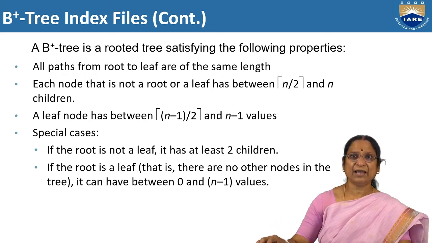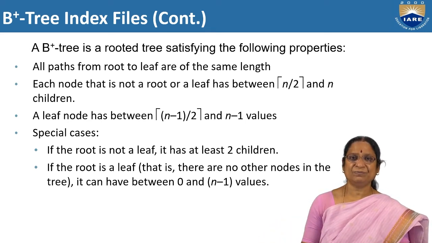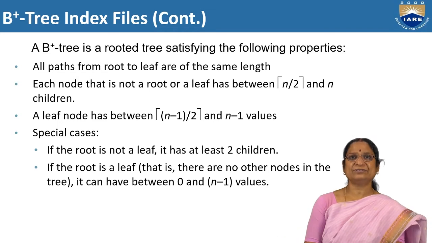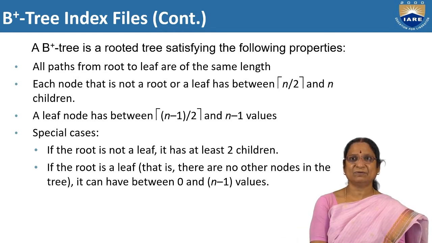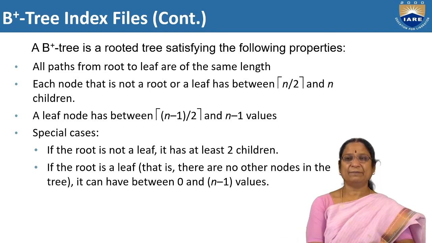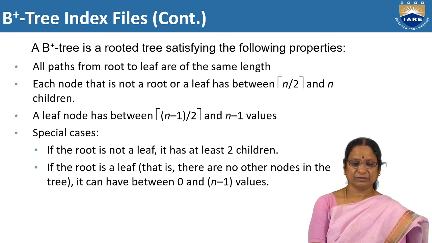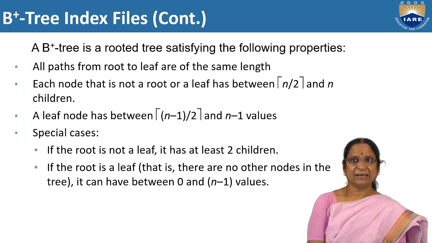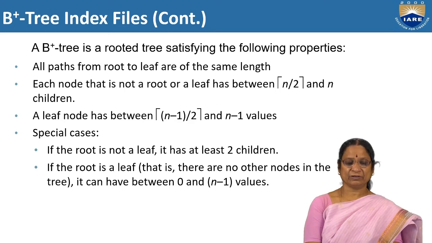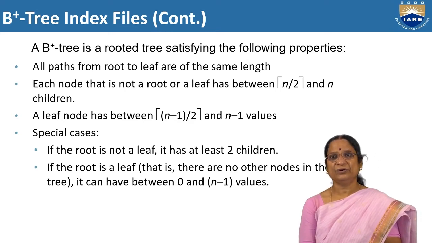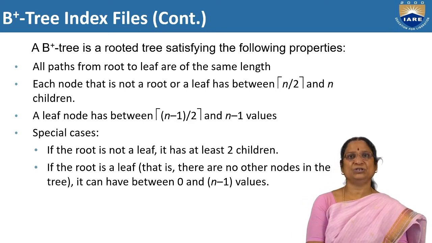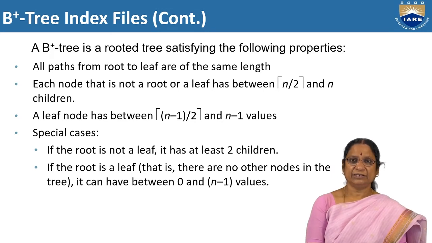The leaf node may have more than 50% and up to n minus 1 values. A leaf node has between (n minus 1)/2 and n minus 1 values. That is, it can be full also. And the root will have a minimum of 2 children; only then is the tree possible.